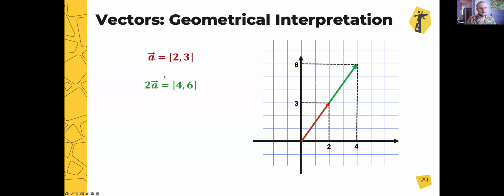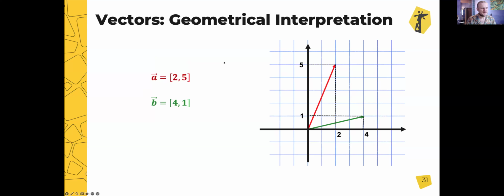For example, 2 times a, we just multiply every coordinate by 2, or we can scale it by a scalar which is less than 1. So it will shrink our vector, and minus means it will flip the direction. But all those vectors will stay on the same line that is drawn through the initial vector, right?